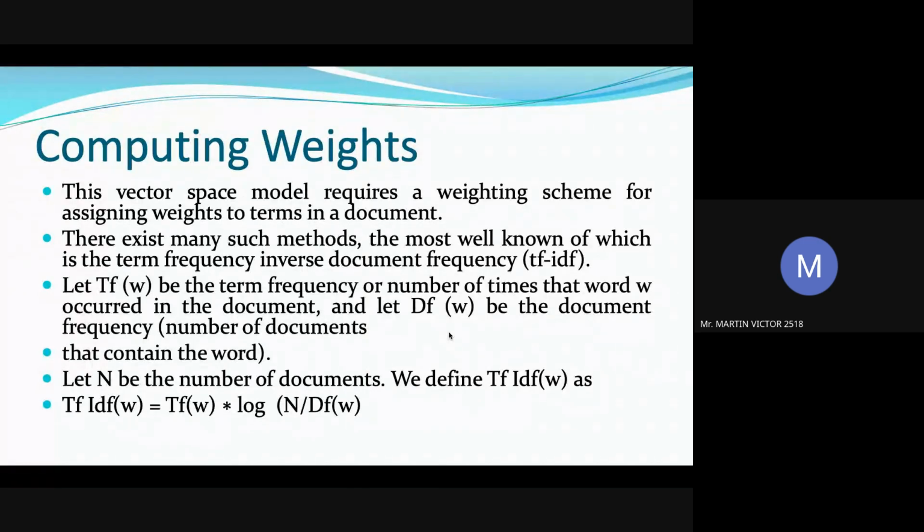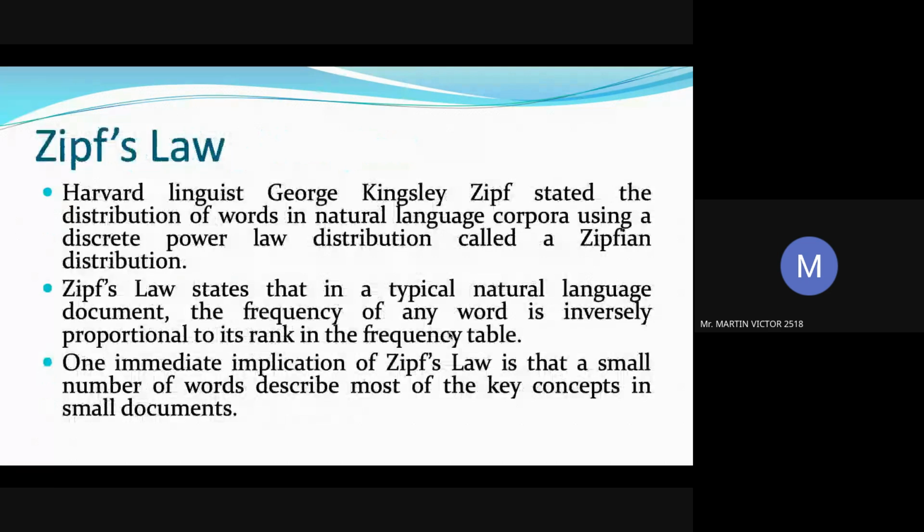As soon as I start typing TEX, the machine understands that the user is about to type text. So this particular application is done through TF-IDF. So that is the best example.